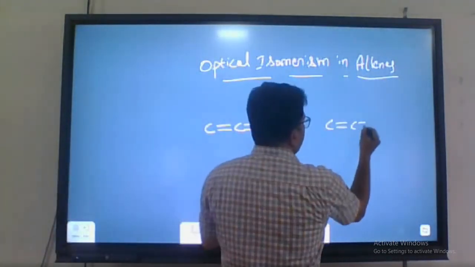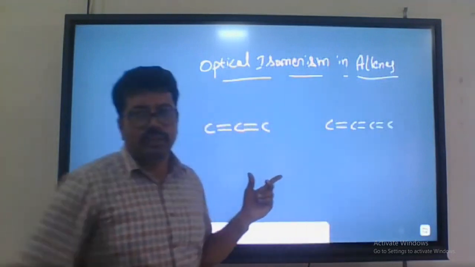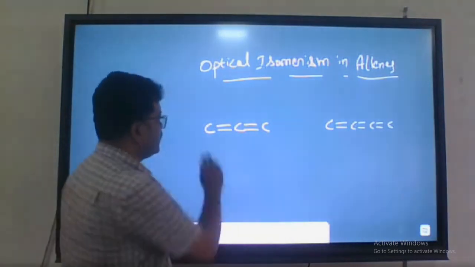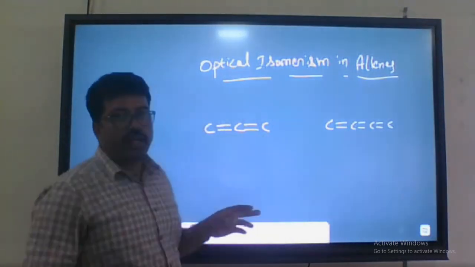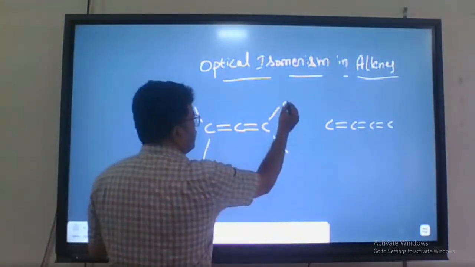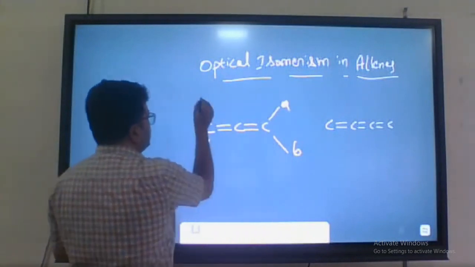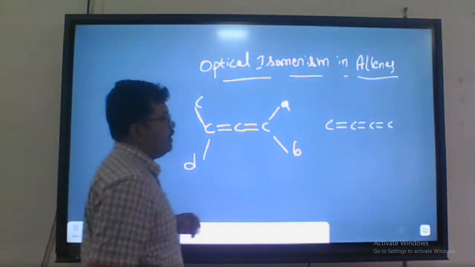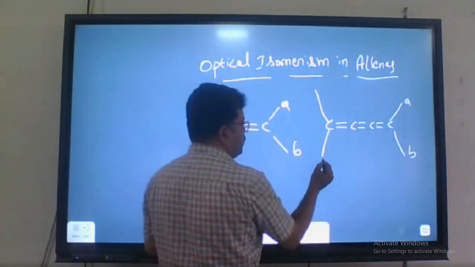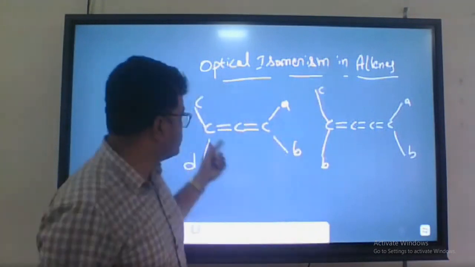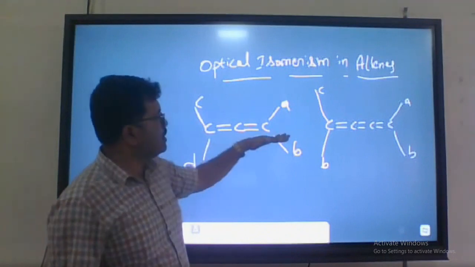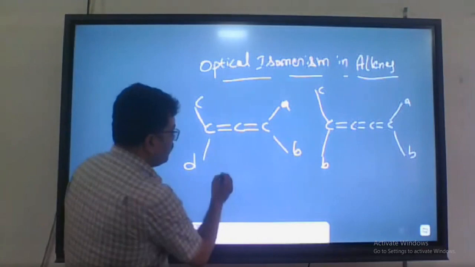Two or more continuous double bonds are called cumulated double bonds. Take the substituents as A, B, this is C, and this is D. There are two or more double bonds in a continuous link to the carbon; that is called cumulated.